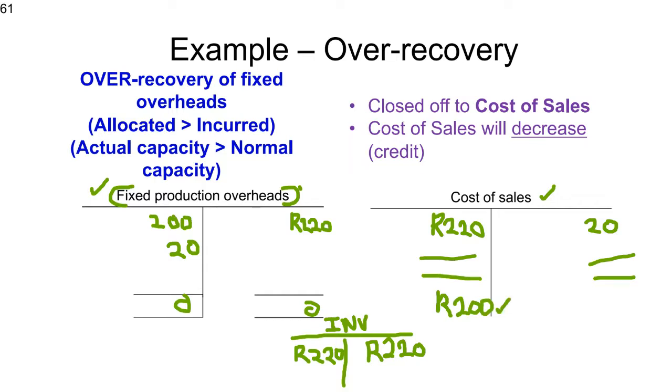How much did we incur? We incurred 200 Rand. Our rental is sitting at 0. That's because we incurred 200 Rand and we eventually got rid of it in its entirety. And our inventory, we'll assume that we sold all the inventory, so it's sitting at 0. Yes.